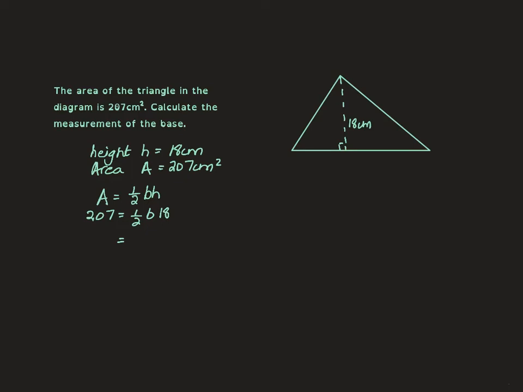Often a quick way of doing it is to say 1/2 times 18. What's 1/2 of 18? 9. 9b is equal to 207. Now I need to get b on its own, so I must divide both sides by 9. b is equal to 23 centimeters, or the base of the triangle is equal to 23 centimeters.